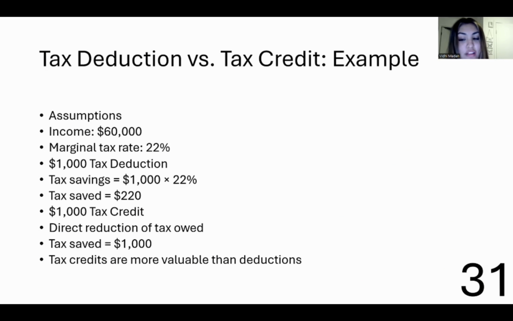At a 22% tax rate, the actual tax savings is only $220. Now let's compare this to a $1,000 tax credit. A tax credit reduces the taxes owed directly, dollar for dollar, meaning the taxpayer saves the full $1,000. This shows why tax credits are generally more valuable than deductions.